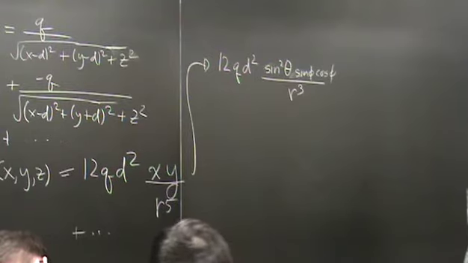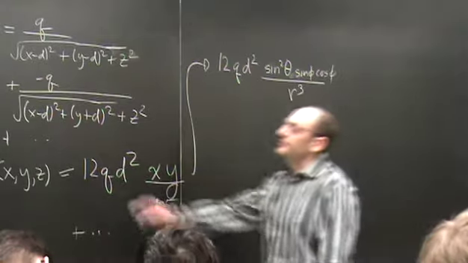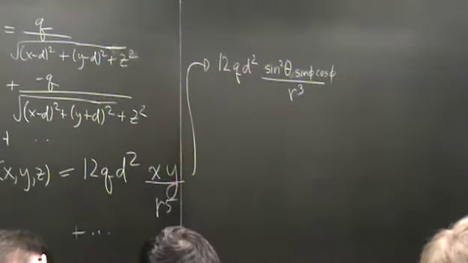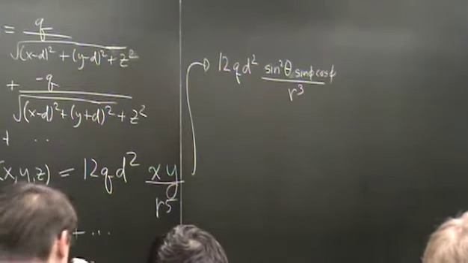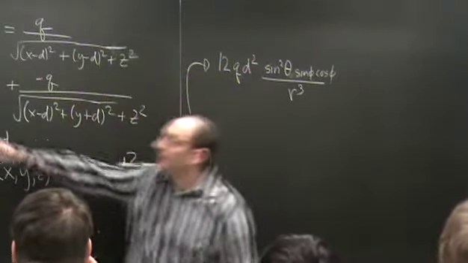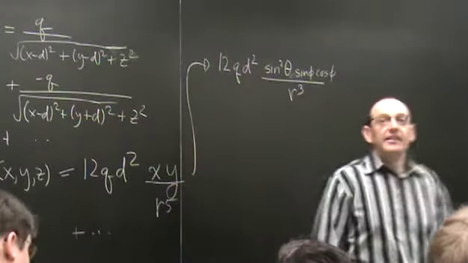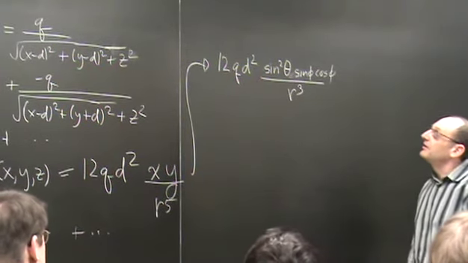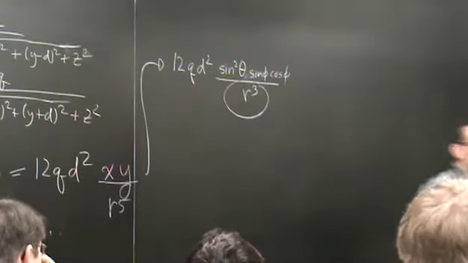Okay, so what we see in this case is that this distribution has no net charge, so there's no 1 over r term. It also has no net dipole moment, as we will remind ourselves. You kind of see that because there's two dipoles that are oriented such that they cancel one another. So the lowest non-vanishing term has a potential that falls off like 1 over r cubed.